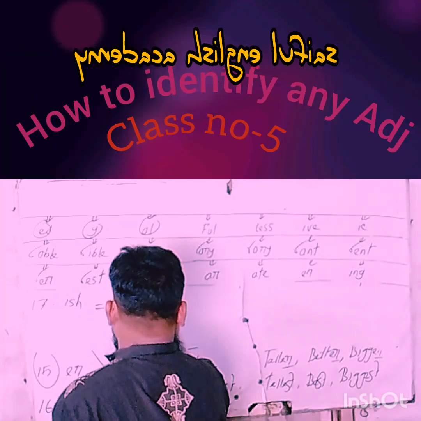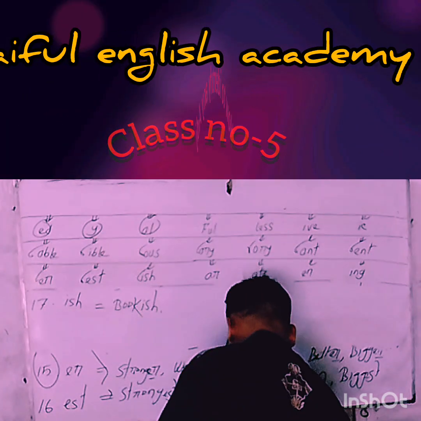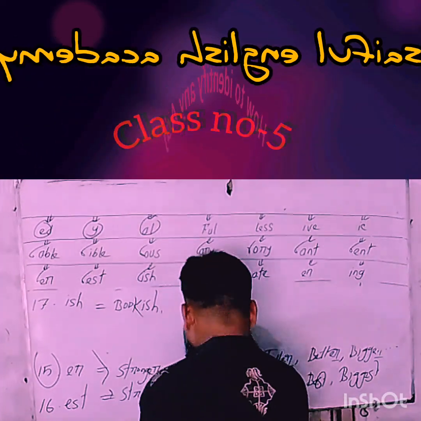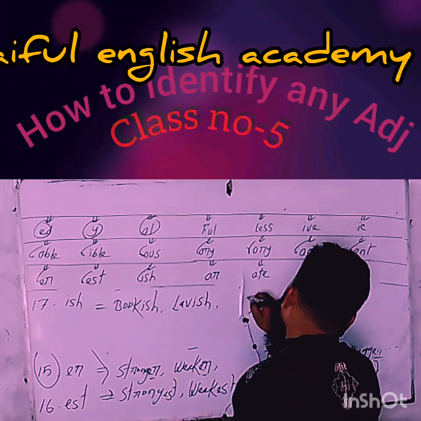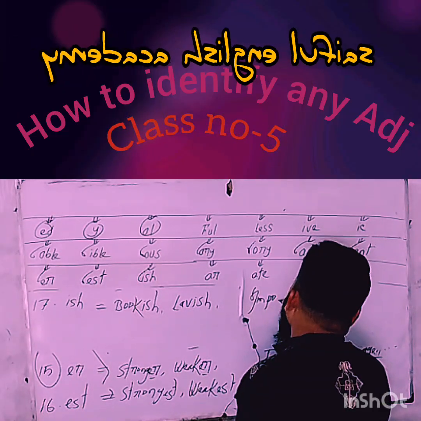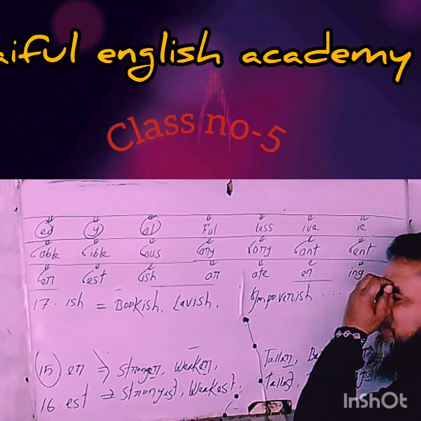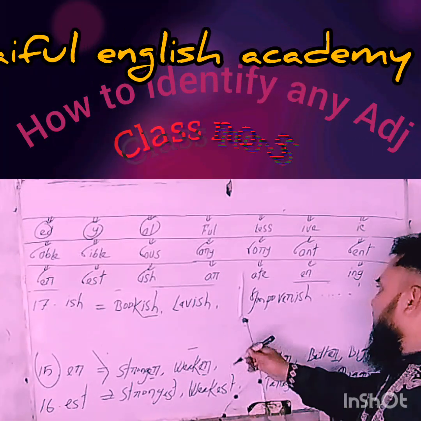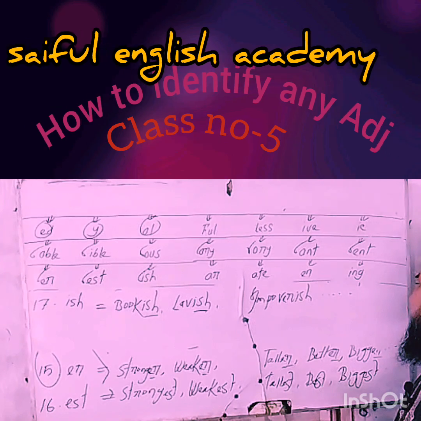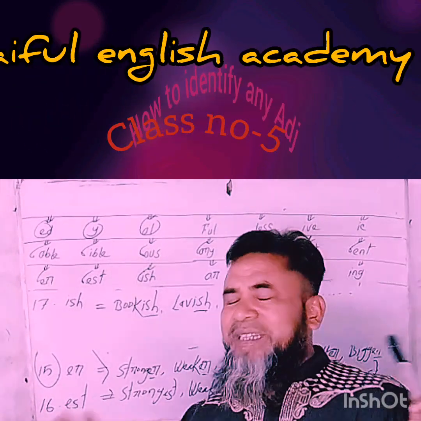For example, bookish, lavish, impoverish, etc. Okay, my dear learners, if you notice the suffix ISH in words, you may consider such words non-word and adjective.